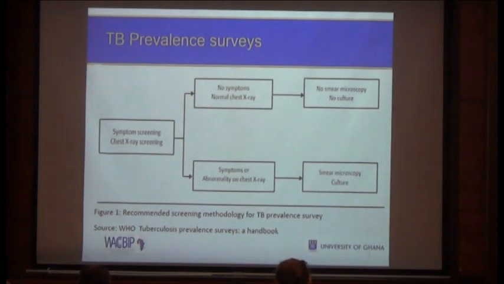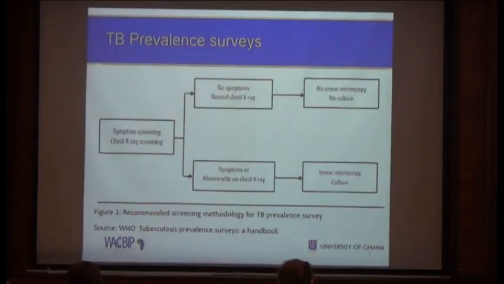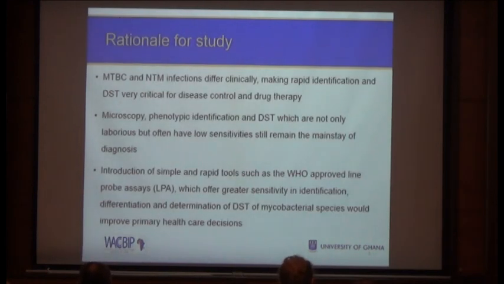So we wanted to find out the types of species that we isolated, and also differentiate between the MTBC, that's the complex that causes true TB disease, and the non-tuberculous mycobacteria. So that was the rationale for the study.